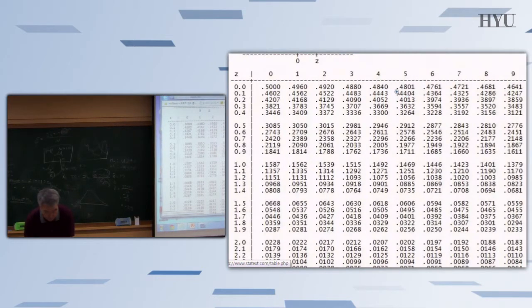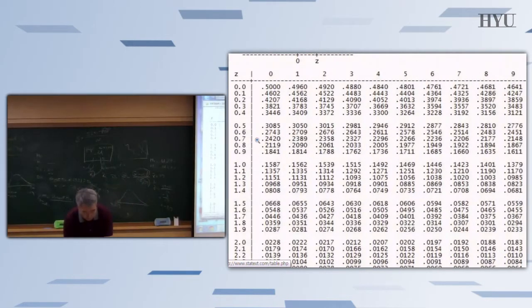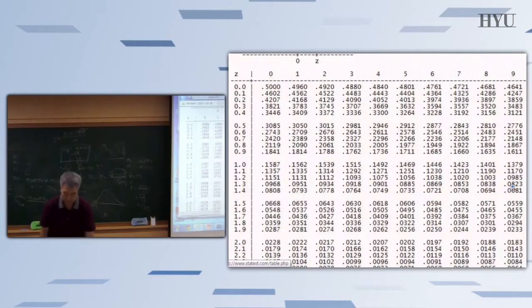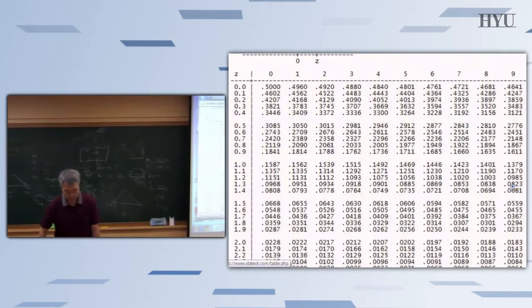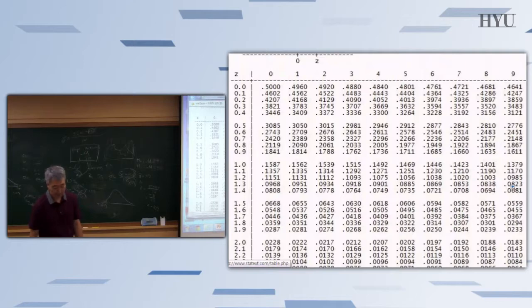So if you have 1.28, you look at 1.2 here and go all the way across to 8. That number is 0.1003.